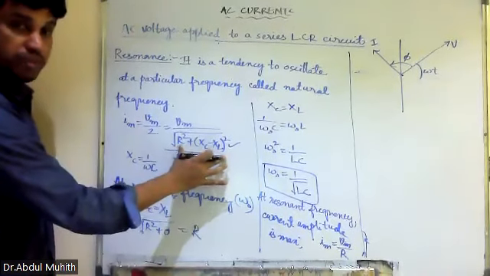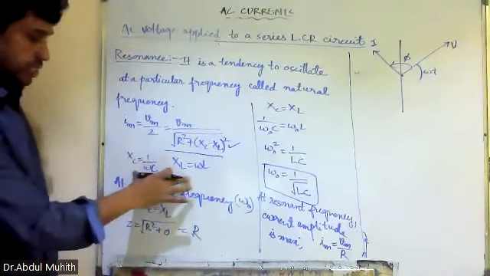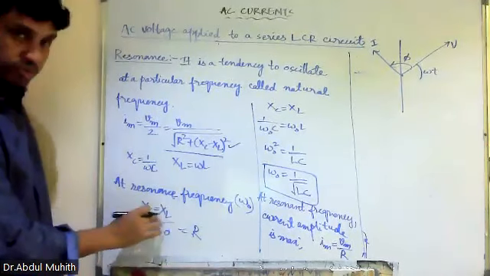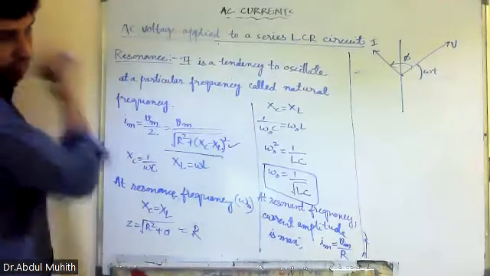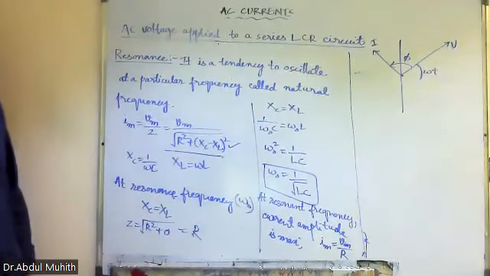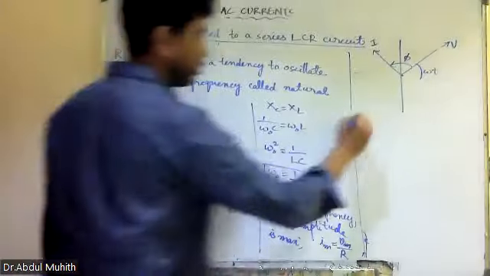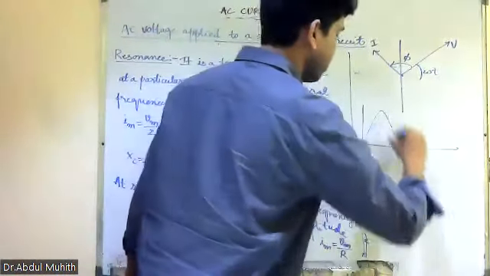At resonant frequency, XC and XL both become equal. Then we cross multiply and get this.